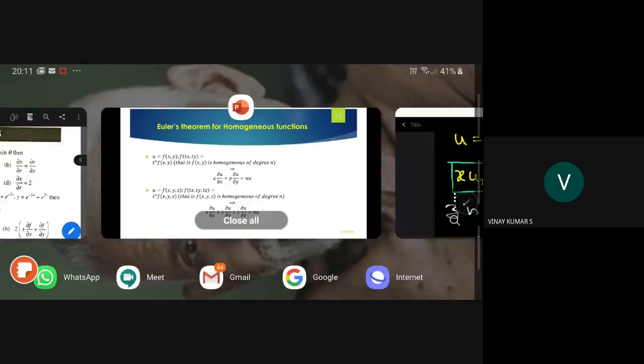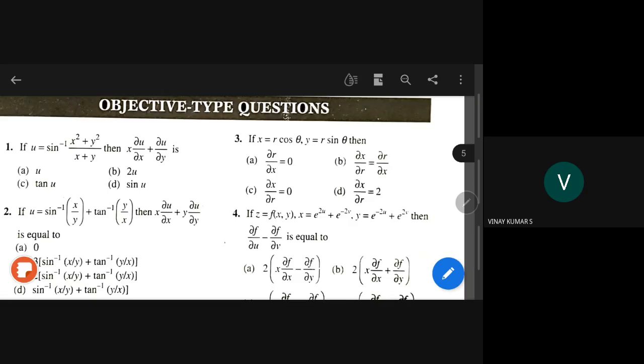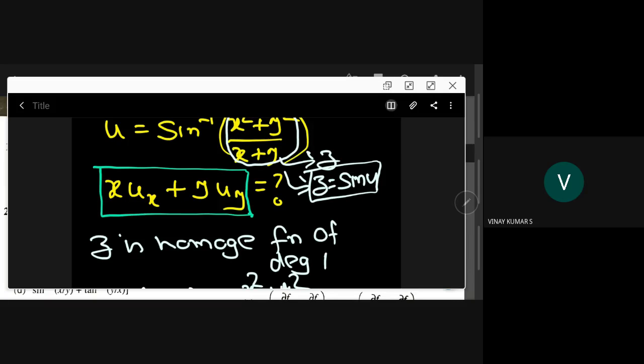The answer will be tan u. It will come as tan u, because degree is 1 here. So how quickly will we get tan u? Just a minute. This x into dou u by dou x, tan u I have to get. So I need to write dou u by dou x. Just a minute.